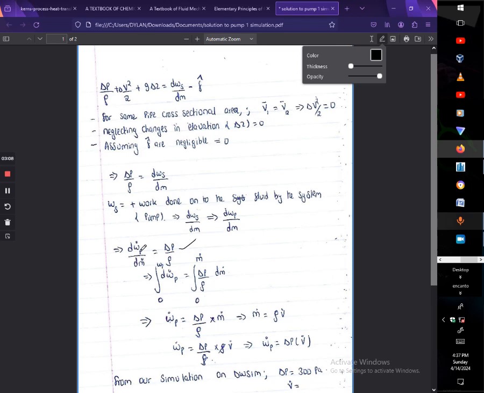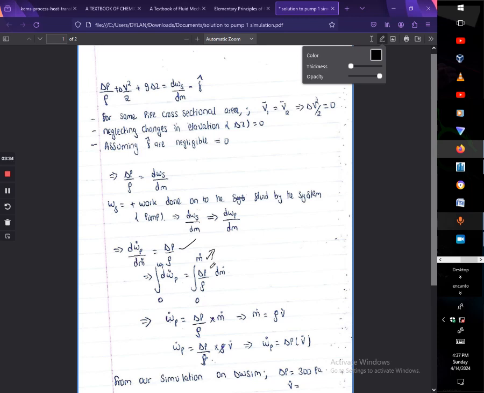So the rate of the pump work will be equal to the change in P over rho multiplied by the mass flow rate. Then you can integrate from 0 to the pump work, because we're trying to evaluate the energy needed by the pump to pass this mass to this pressure, and from 0 to the mass flow rate.